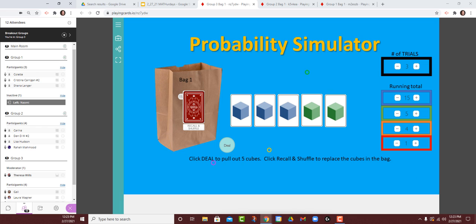But then the total should still be 20, right? No. If we've done it twice, the total should be 10. We've run it 3 times. Oh, well, wait. If it's 5, so we're at 25. And we've done it 3 times so far. Did we already have numbers in there before we started?